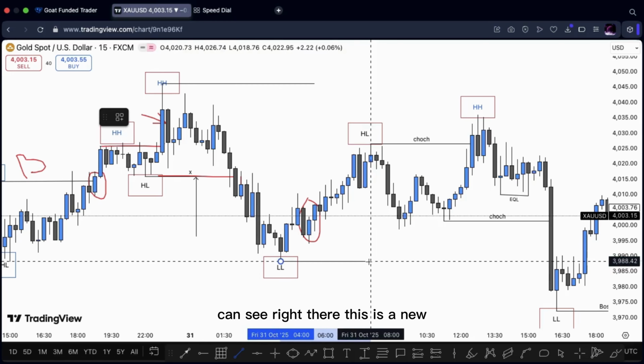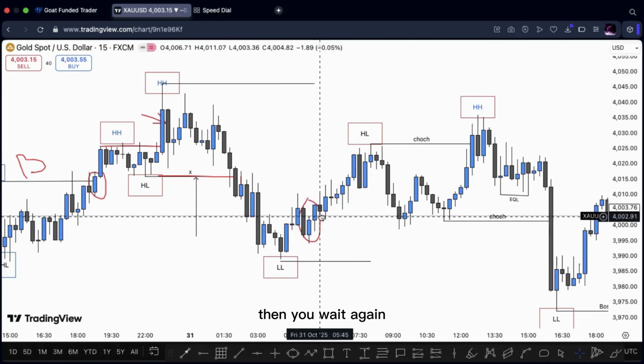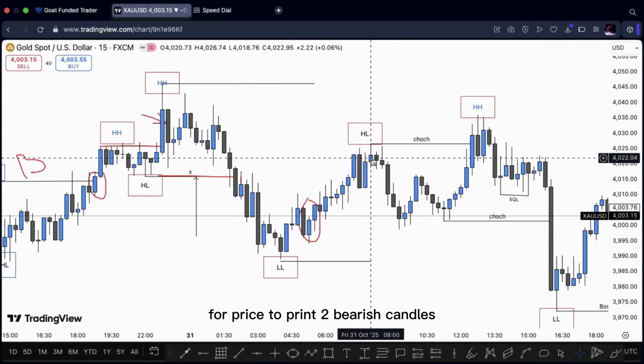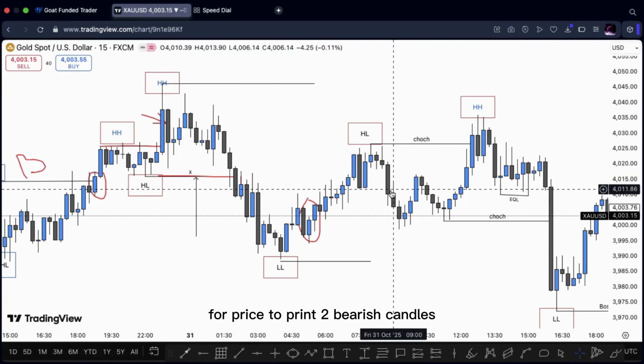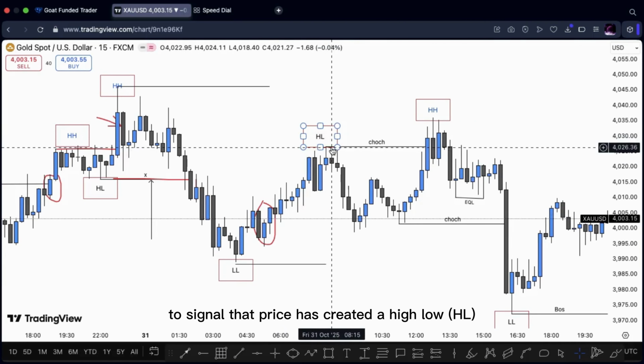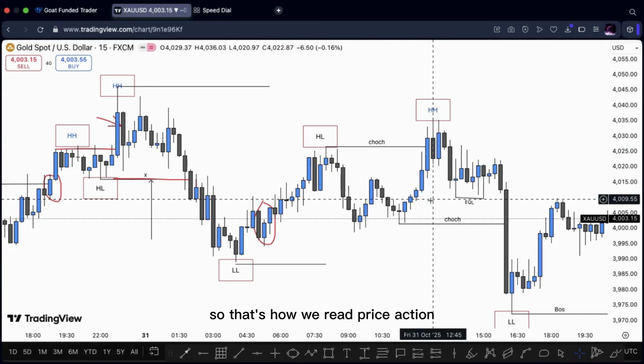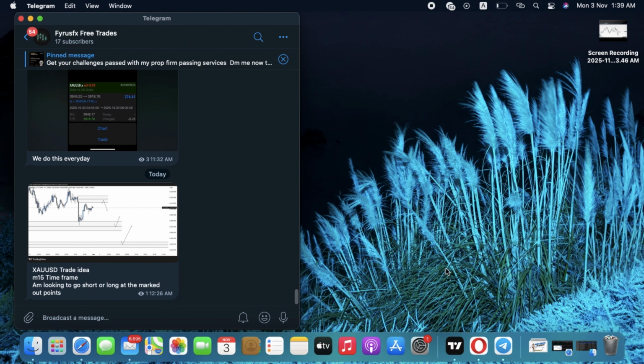You can see right there. This is a new low, so it is a lower low. Then you wait again for price to print two bearish candles to signal that price has created a high low. So that's how we read price action.